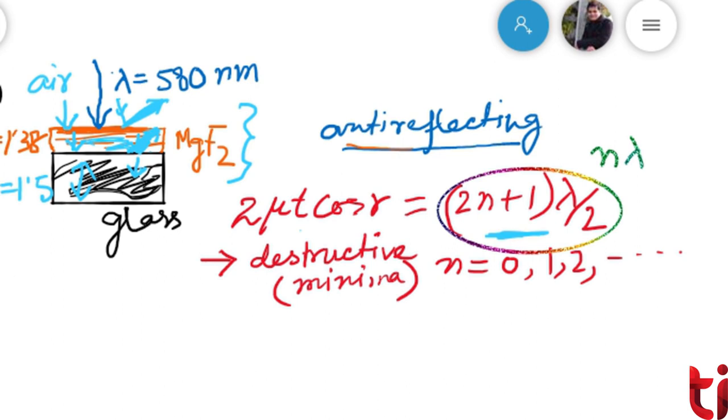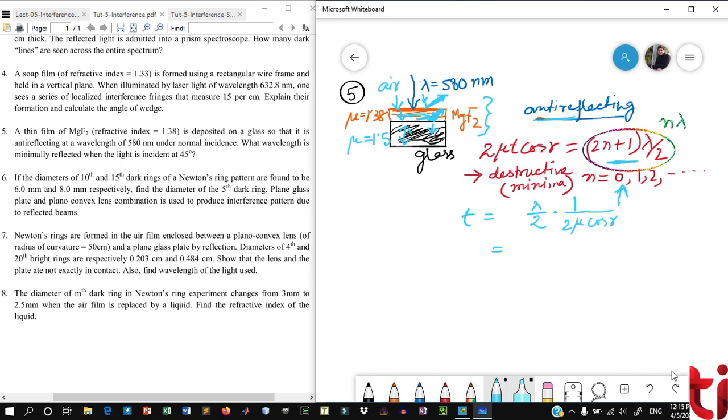For this magnesium fluoride thin film to become anti-reflecting, what you have is the minimum thickness of this thin film. The n should be minimum, so n should be equal to 0. In that case, the thickness turns out to be equal to this.